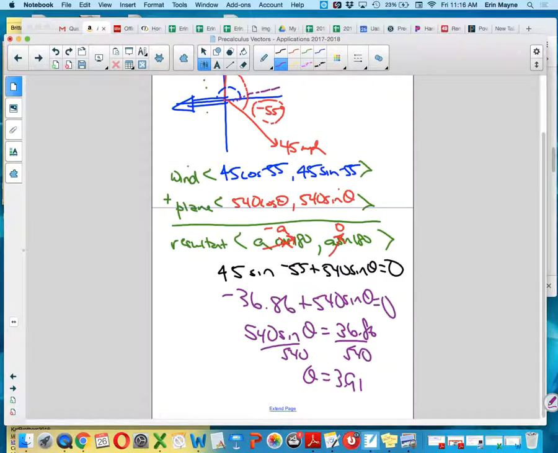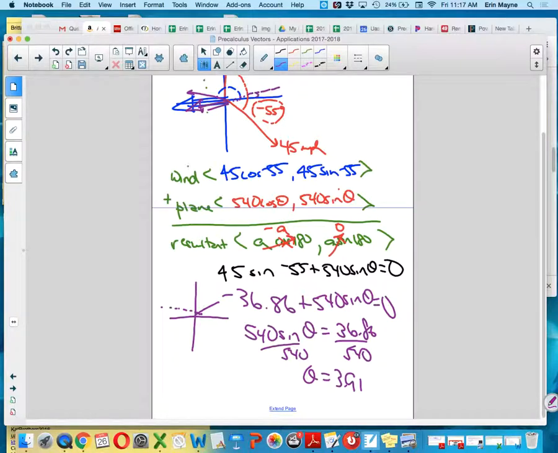Old school trig: if I get an angle in quadrant 1 where sine is positive, the calculator cannot give me the answer that also exists in quadrant 2. So my actual answer is in quadrant 2. Why? Because if it's up here, it can pull the plane due west.